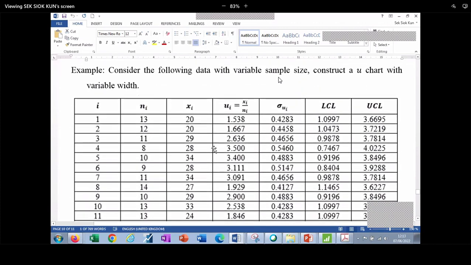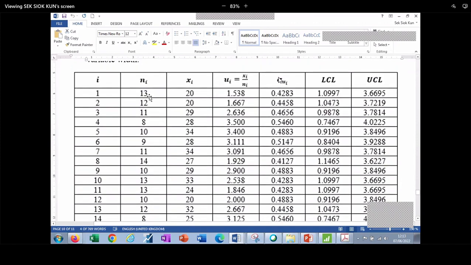And this is the example of the variable sample size, in which the sample size for each sample is different. So from here you have ni, so sample 1 has n1, sample 2 has n2 and so on. You can see they are different in number.